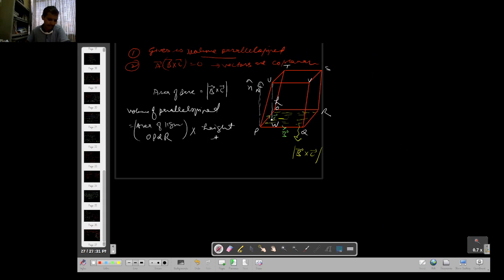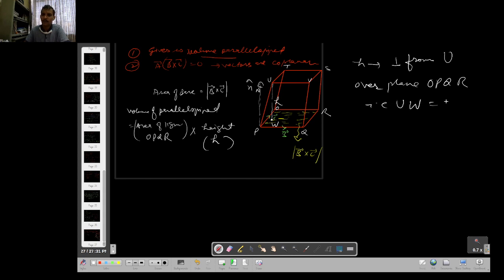Height is represented by h. So what is this height h? This h is basically the perpendicular from U over plane OPQR, that is UW is basically h, right?